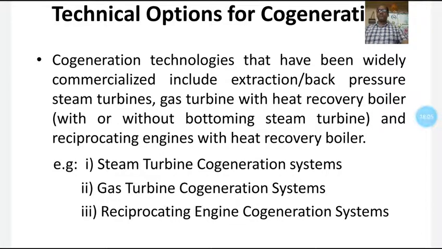So, a combined power cycle, how do we define a combined cycle? It is a power plant system in which two types of turbine, namely a gas turbine and a steam turbine, are used to generate electricity.